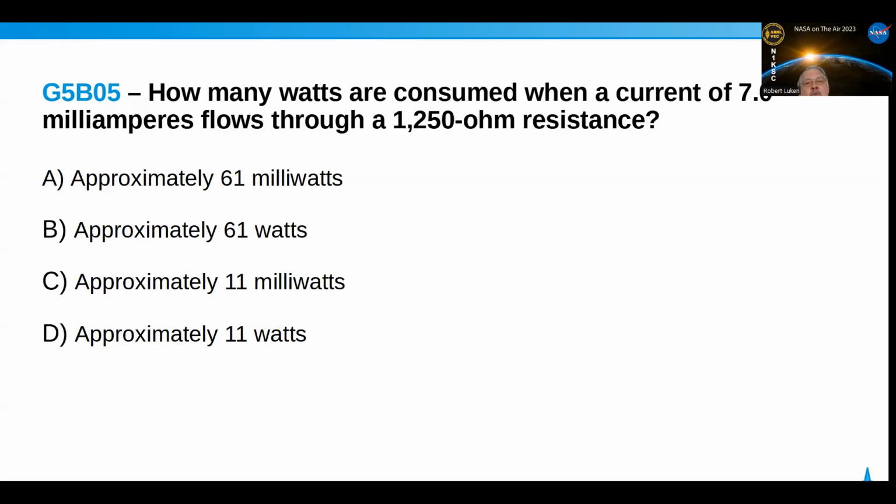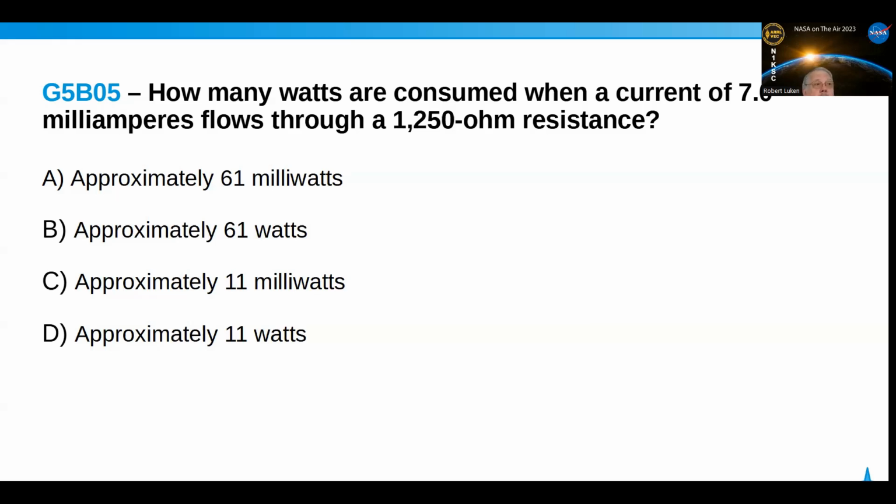How many watts are consumed when a current of 7 milliamps flows to a 1,250 ohm resistance? So we want to know power. We have current and we have resistance. And one a while back, we wanted power and we had voltage and resistance. This time we got current and resistance.